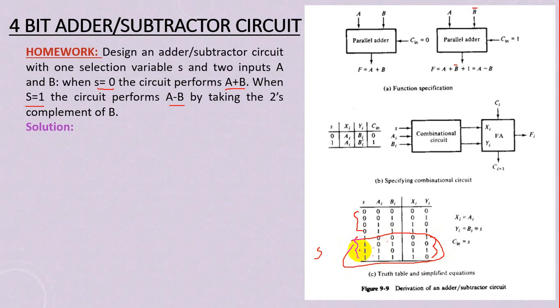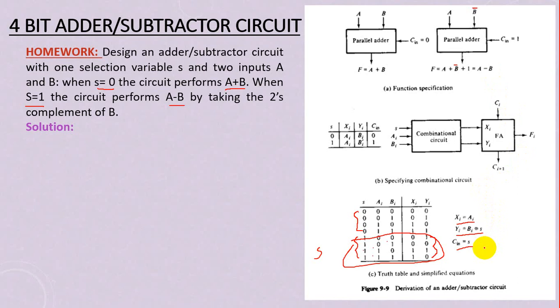B exclusive OR S. That's the equation of Y. Equation of X equal to A, and carry equal to S. In the first group, carry equal to 0 to get the addition operation. The second group, carry equal to 1 to perform the subtraction operation. So this is the logic equation of X, Y, and carry. So we have found the logic equation.